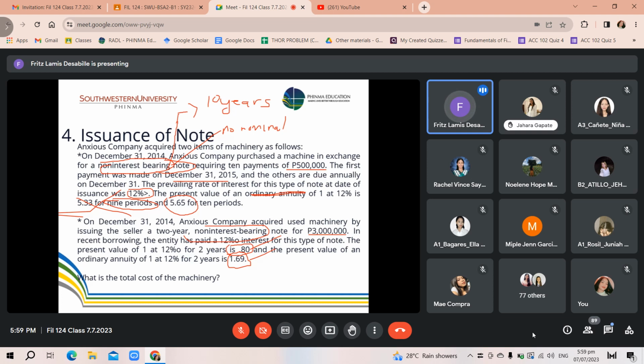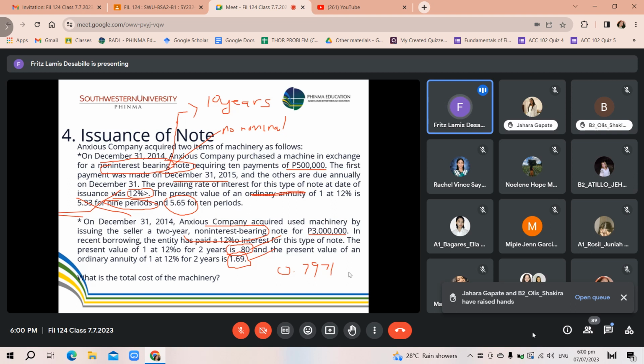Okay, again, I'm going to give you 3 minutes to compute the 0.8 or whatever the factor is, it's quick. You should be able to compute the present value factor.